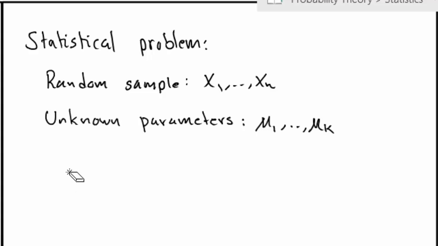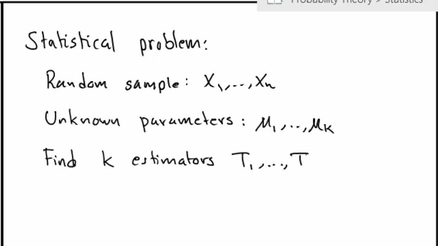So what we try to do in statistics is then to find as many estimators. Find k estimators. In general, we can call them T1 through Tk, where we use T1 to estimate mu1 and so on. The parameters then sometimes have an interpretation that's meaningful to us.